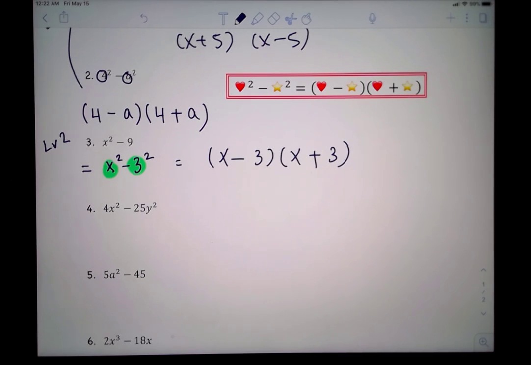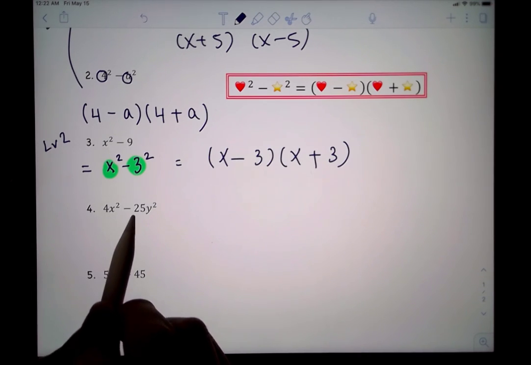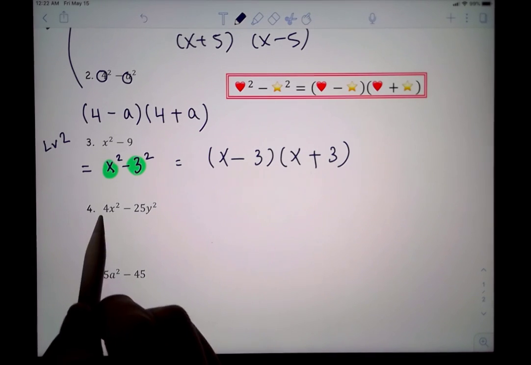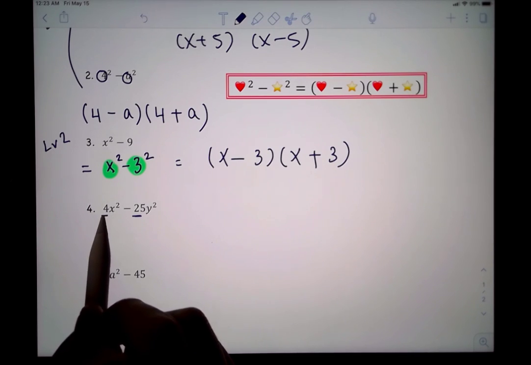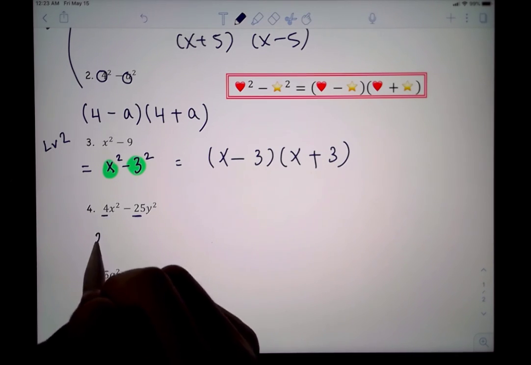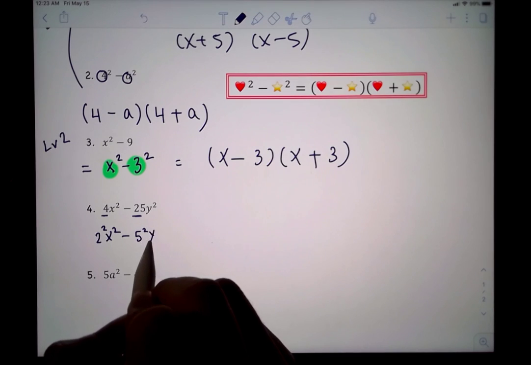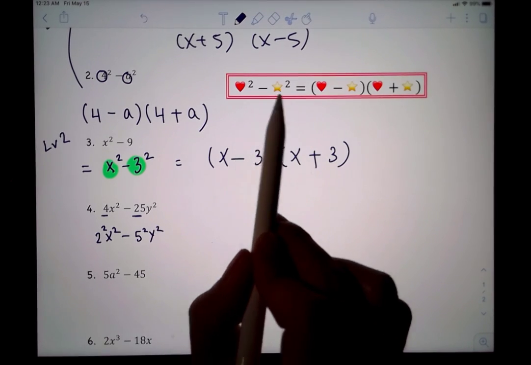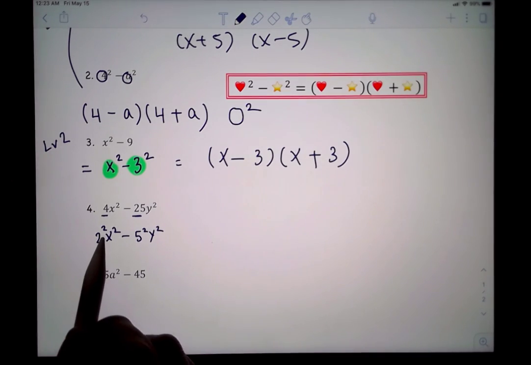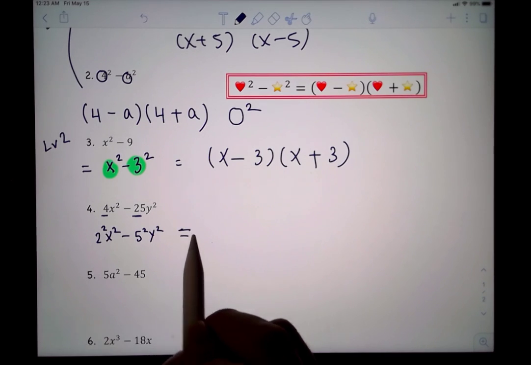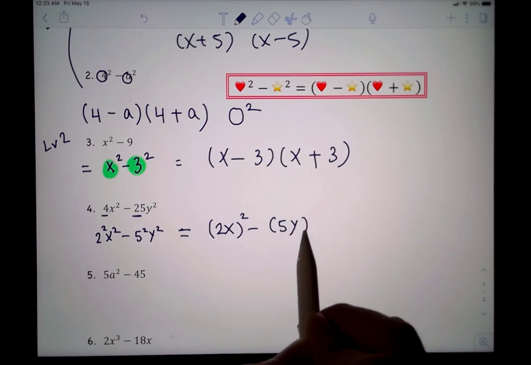All right? Something squared. And look at this. I got 4x squared minus 25y squared. Do you know 4 and 25 are perfect squares, right? 4 is 2 squared, and 25 is 5 squared. But this is not the same form yet. We just need something squared, right? So I can write it as (2x) squared minus (5y) squared.